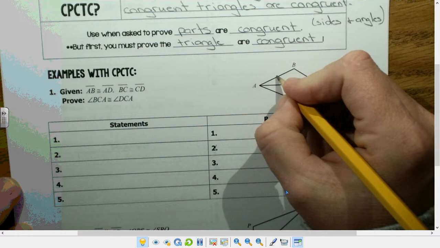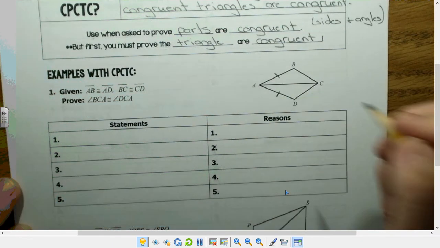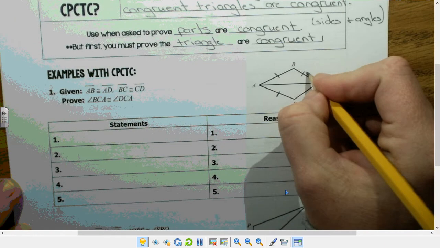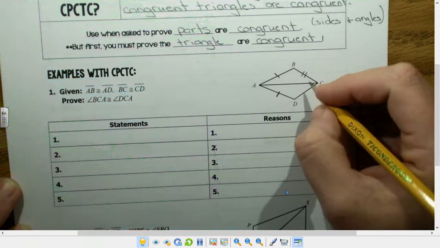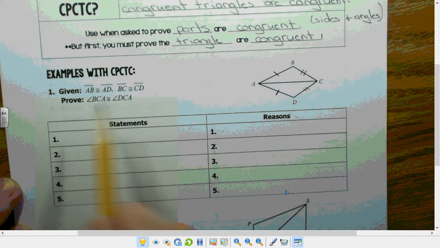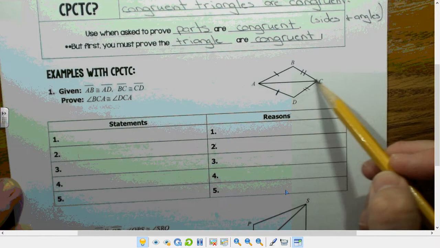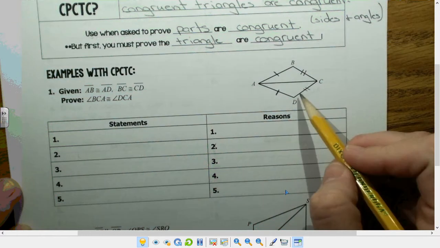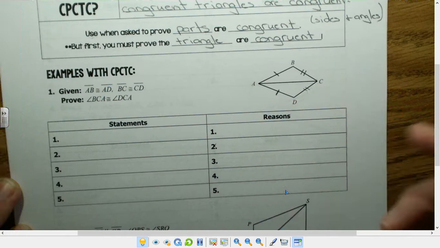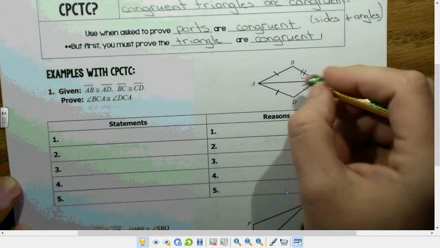We know AB is congruent to AD, and BC is congruent to CD. We want to prove that angle BCA is congruent to angle DCA. So we want to prove these two angles right here are congruent to each other.